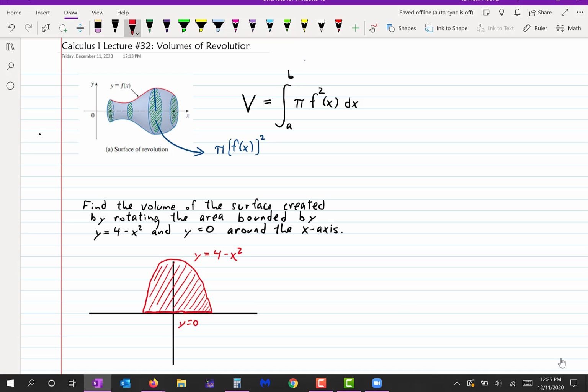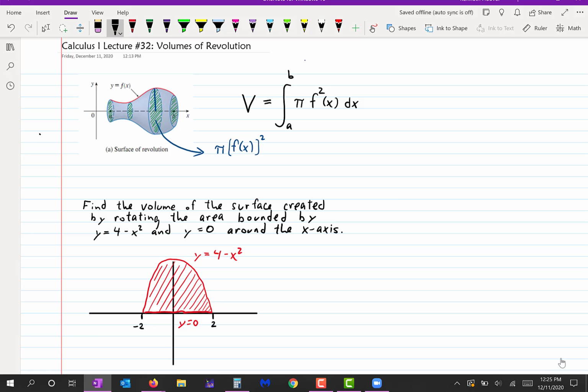Okay? I won't try to draw it because I'm not very good at it. But it'll look more or less something like that, except instead of looking like an urn, it'll look like just a parabolic circular thing. Okay, let me ask you a question. Where does that start and where does it end? Okay, well, it starts at -2 and it ends at +2.